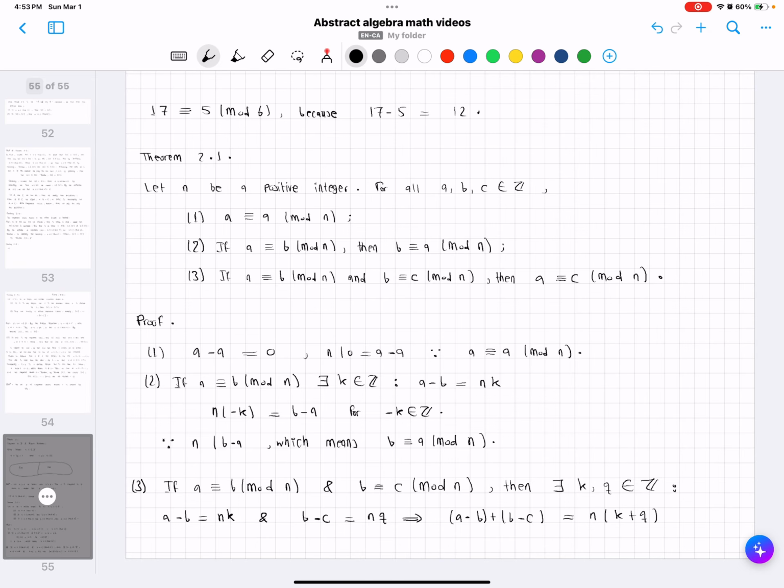The b's cancel, so a minus c is a multiple of n for k plus q belonging to Z. And we are done. That proves the first theorem of this subsection.